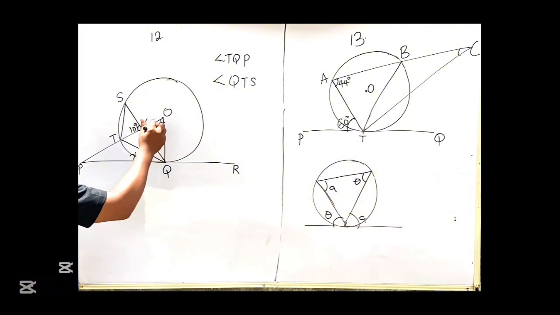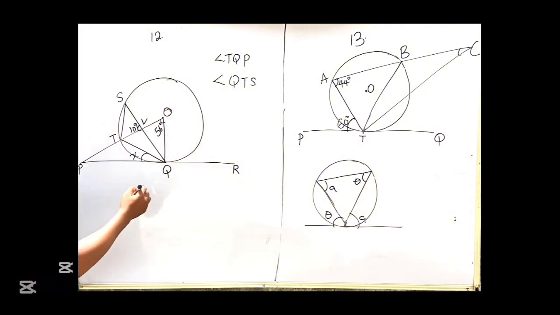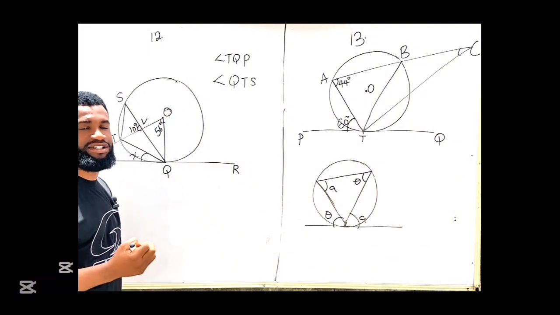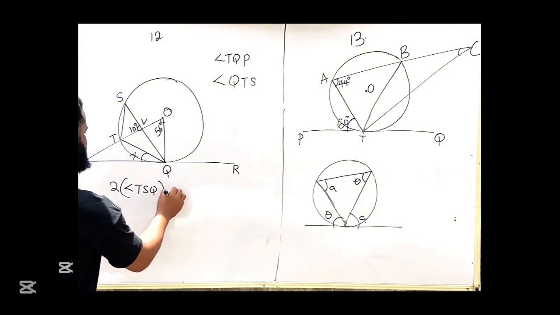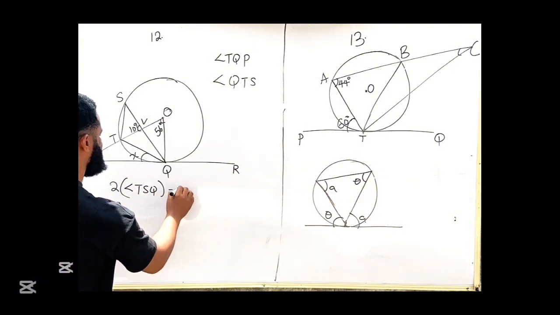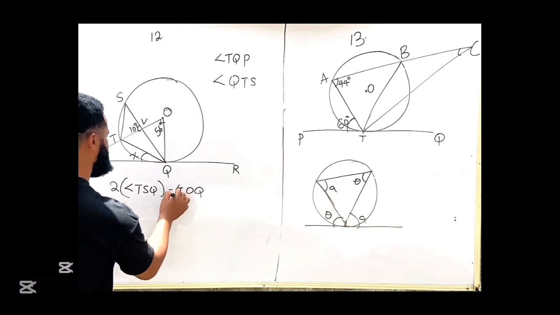So now there is the angle at the center. Remember that twice the angle at the circumference is equal to the angle at the center. So I'm going to say that 2 times angle TSQ is equal to angle TOQ.